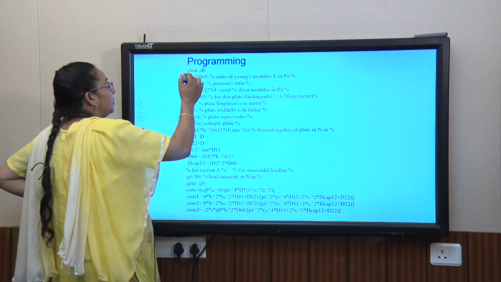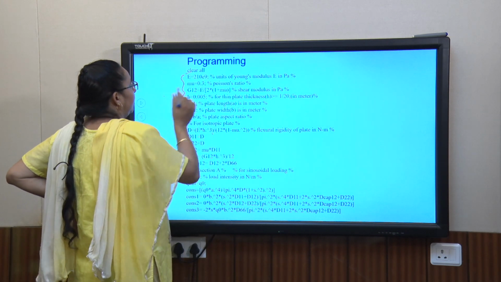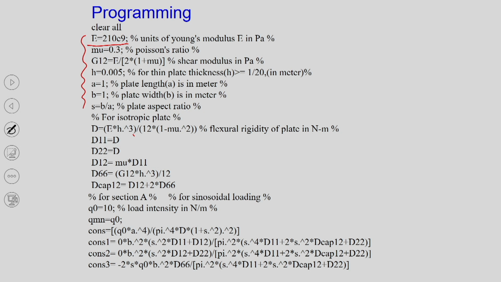So you write it in terms of inputs. Here, this is basically a hard form, not completely a soft form. You should input from outside, asking to enter the value of E or mu, or whether the material is isotropic or orthotropic. For isotropic you ask only 2 constants; if you want to evaluate an orthotropic plate you may ask for more constants. Basically this is for an isotropic plate.